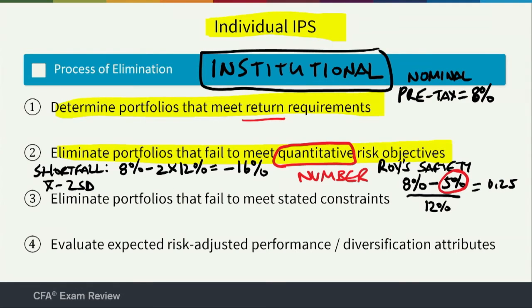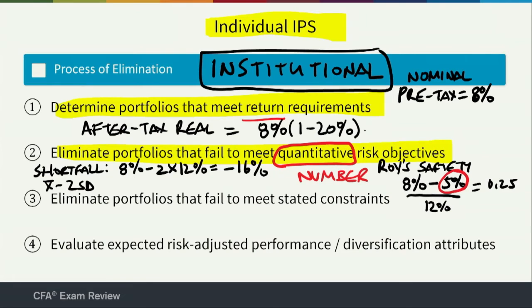So the way in which you do that is that you would end up taking your 8% times 1 minus the tax rate, which would be, let's say, 20% in this particular case, minus the rate of inflation.